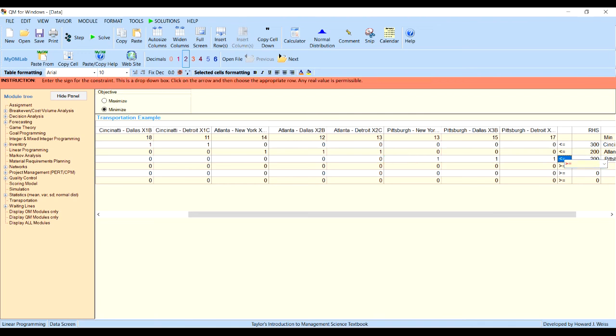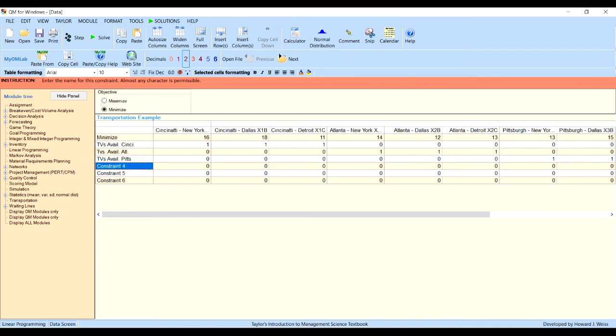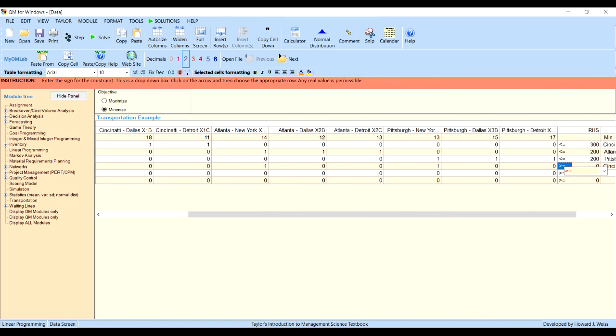in the warehouse. So our fourth constraint was TVs demanded. So TVs demand New York. And so here we have 1A, 2A, 3A must be equal to 150.